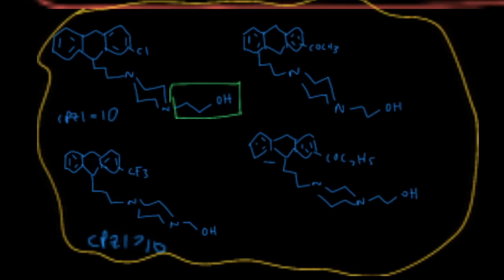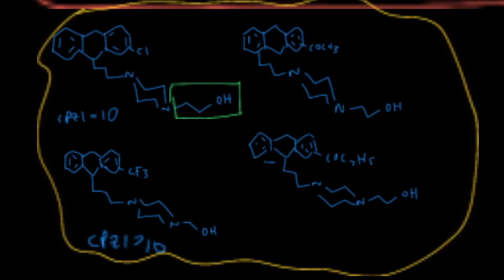Okay, so now the right two. Everything else being equal. Okay, I put this in the wrong place, my bad. Everything else being equal, except you're changing the chlorine to a COCH3, and this one to a COC2H5. So this one has one more carbon than this one. Okay, so let's start with this upper right molecule first.